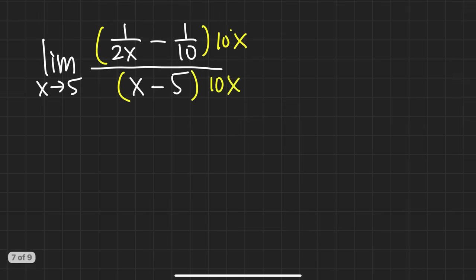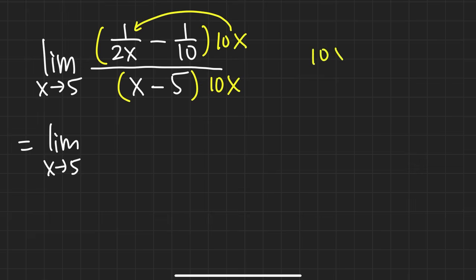Now, if you take 10x, multiply with the first term, let's see what we have. Well, that's just going to be 10x over 2x, right? The x cancel, and you see 10 over 2 is just equal to 5. So the first part is just equal to 5.